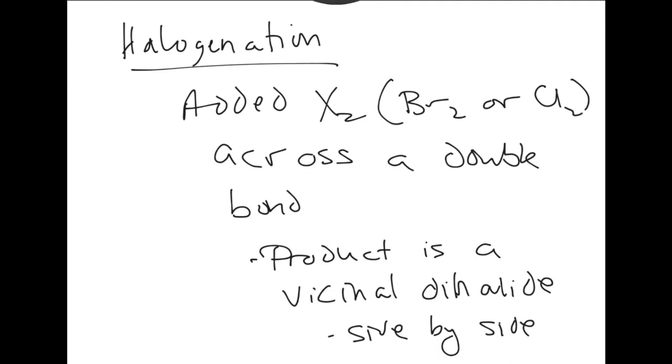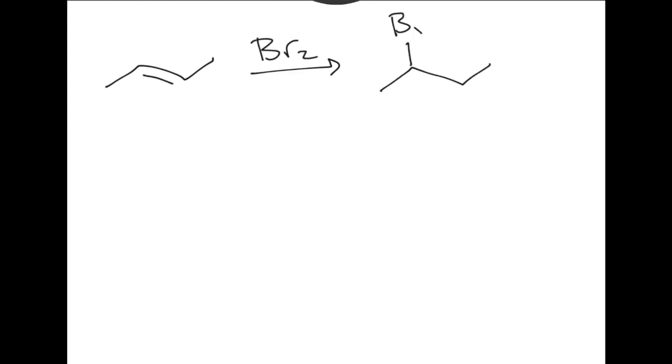They're on adjacent carbons. So you have your double bond. You add your halogen. And you put your halogens on opposite sides.